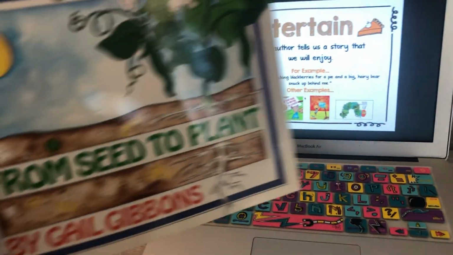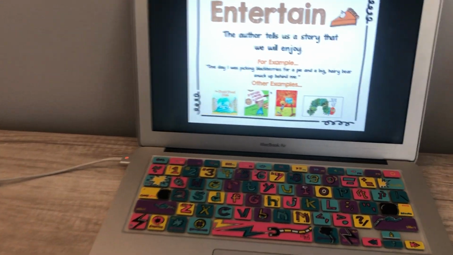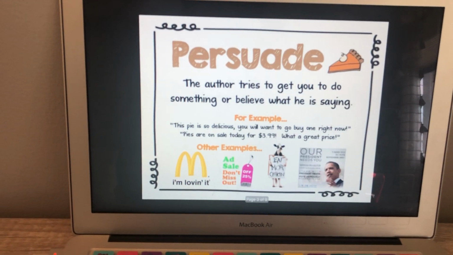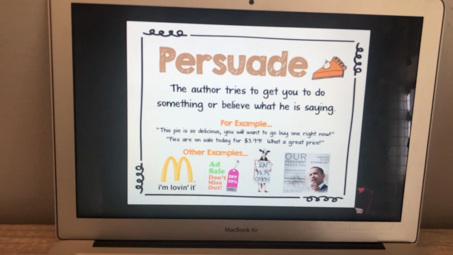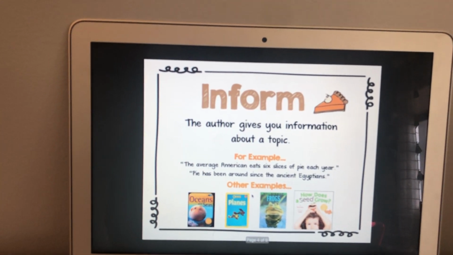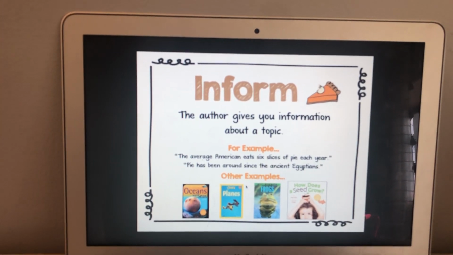Why do you think Gail Gibbons, the author, wrote this book? Let's go back. Was she trying to get us to do something? Was she trying to persuade us? Or was she trying to give us information and tell us about seeds?